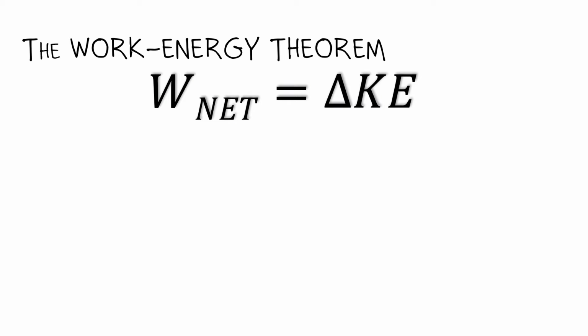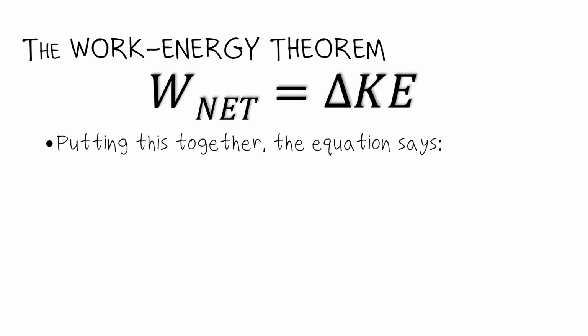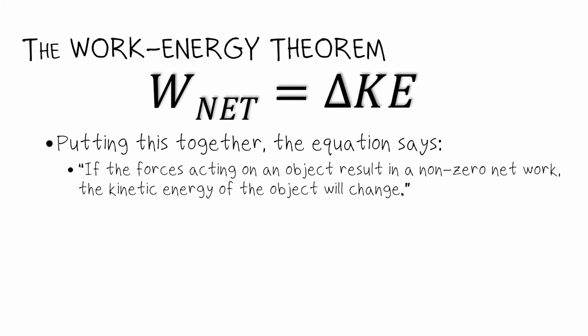All right, so putting this all together, the equation states that if the forces acting on an object result in a non-zero net work, and again, we've talked about how to calculate net work in an earlier lesson, the kinetic energy of the object will change. Kinetic energy involves mass and speed.